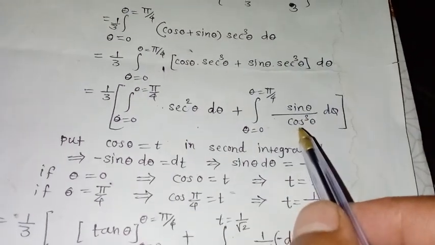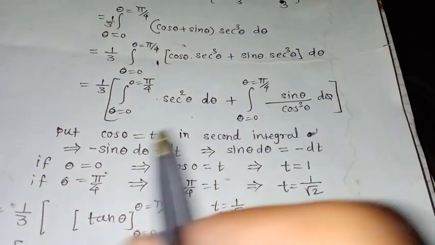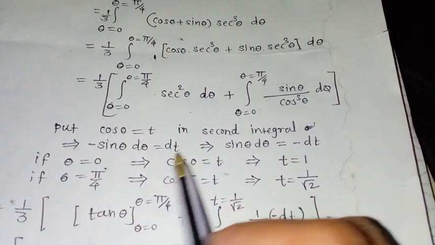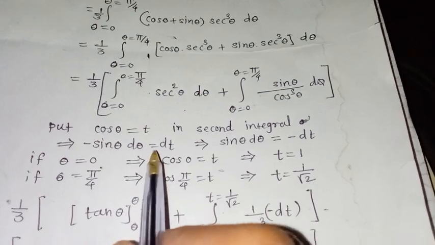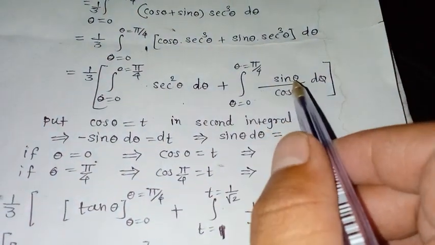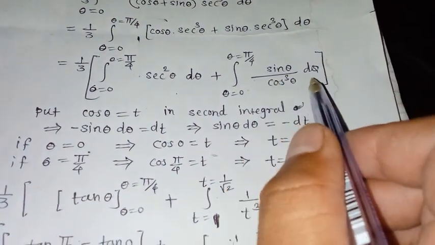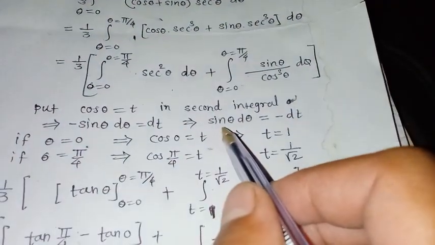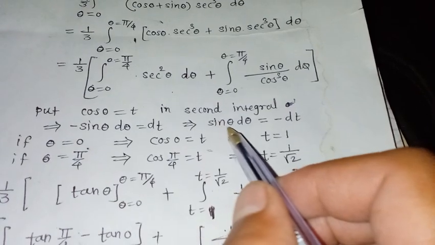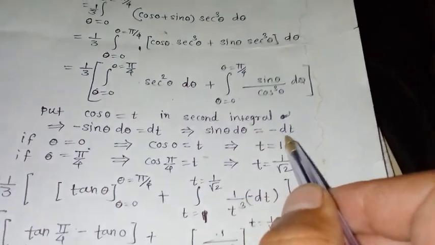So if I substitute cos theta equals t, then the differentiation will be minus sin theta d theta equals dt, and we want sin theta d theta at the numerator side, so I am taking this minus sign to the RHS. So we'll get sin theta d theta equals minus dt.